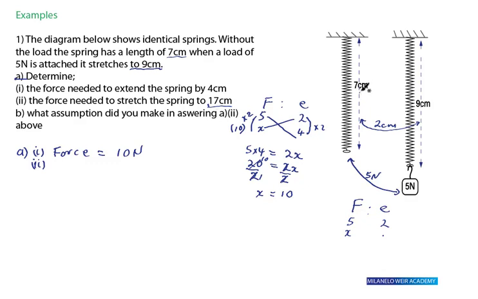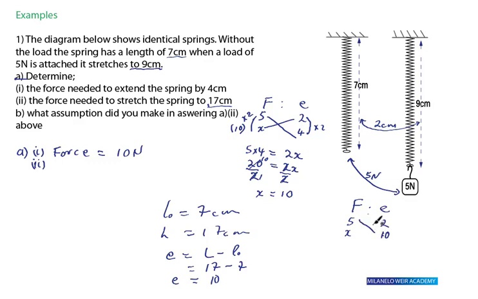That's the question. From 7. So the original length is equal to 7 centimeters, and the length here is 17 centimeters. E is equal to L minus L naught, which is 17 minus 7, which is 10. E is equal to 10. So this is 10. Right?